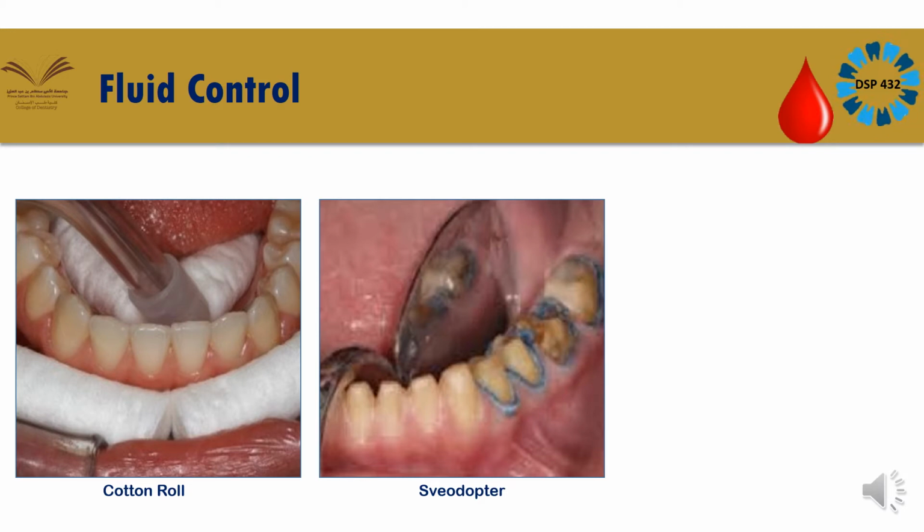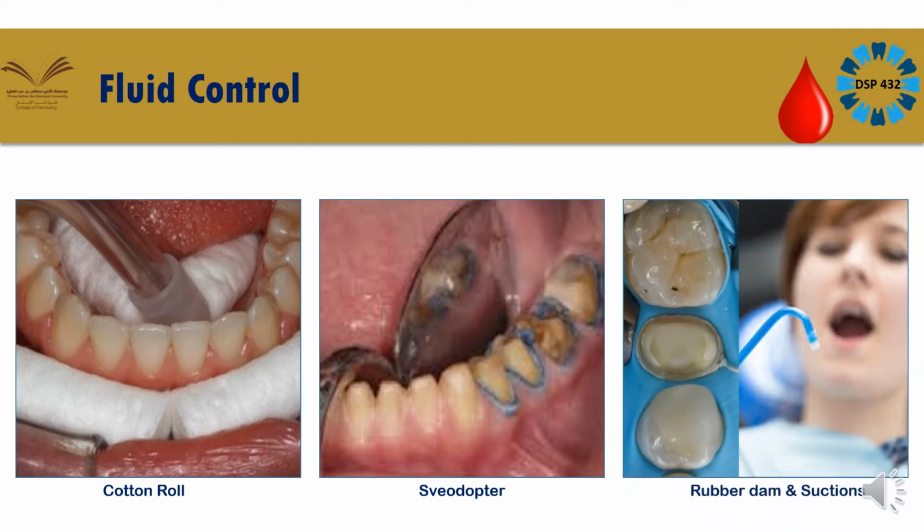It will suck your saliva and also whatever aerosols are created by your handpiece. Then we have the rubber dam, which is one of the most common and worldwide accepted methods to gain isolation.